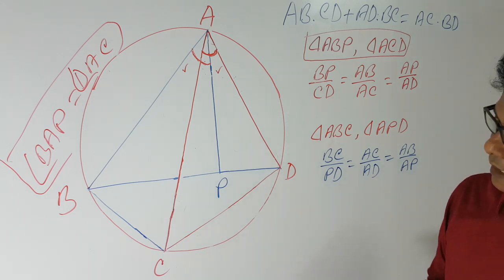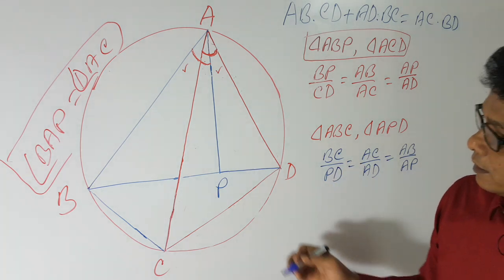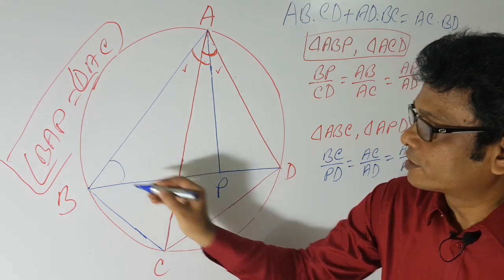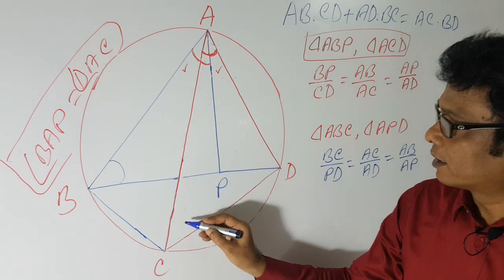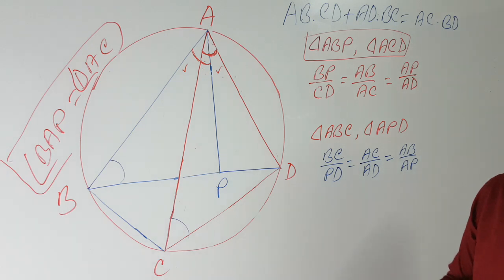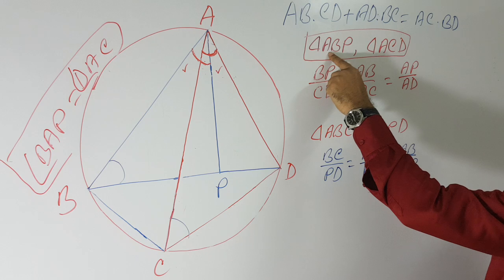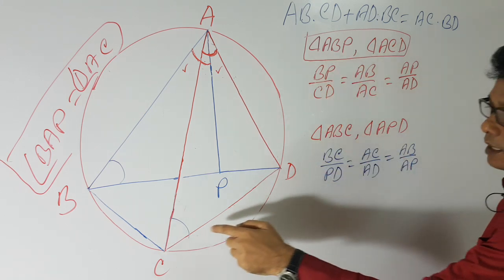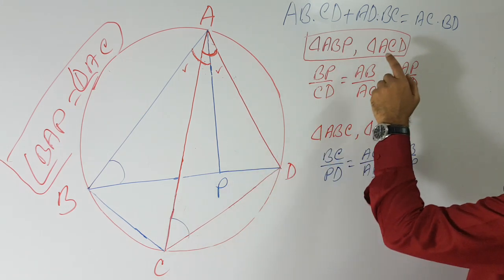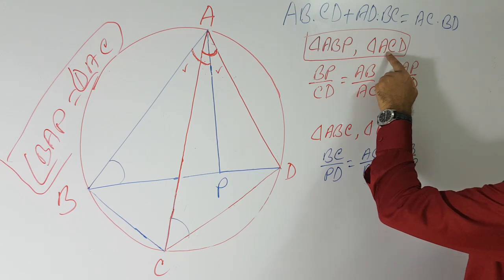Again, this angle equal this angle. This angle is the angle of triangle ABP. This angle is the angle of triangle ACD.